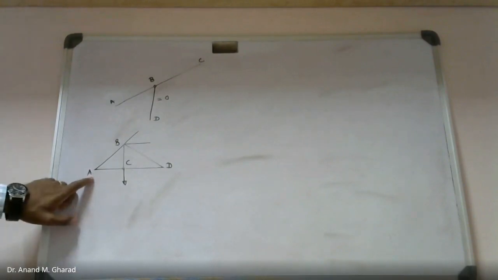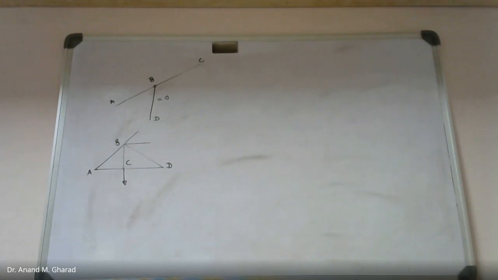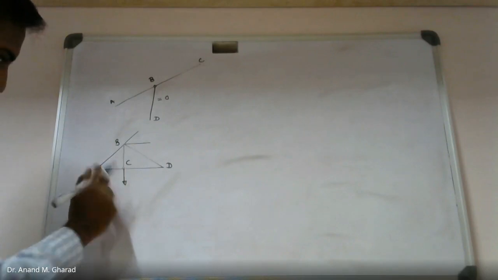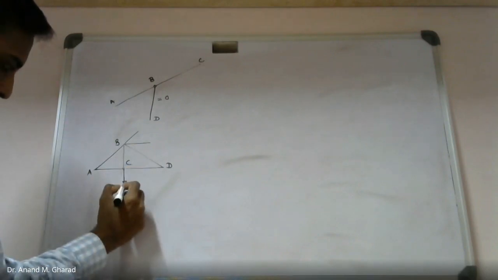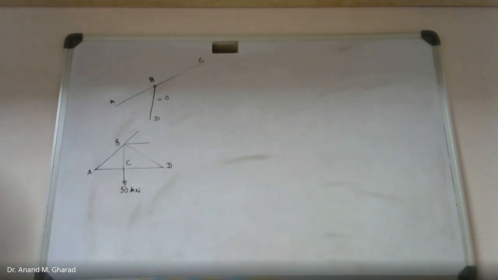So in this, AC and CD, these are collinear members, isn't it? And at this point C, you can find that there is some load which is getting attached. Let's say 50 kilonewton load is attached. Okay.